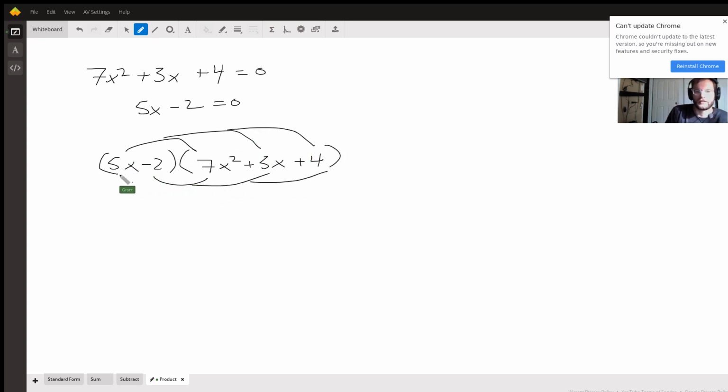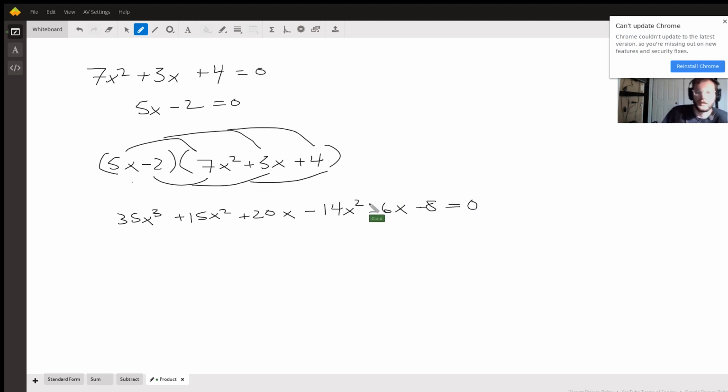So 5x times 7x squared would be 35x cubed. 5x times 3x would be 15x squared. 5x times 4 would be 20x. And then we go on to the next one. So minus 14x squared minus 6x, right? And then minus 8, and set that all equal to 0.